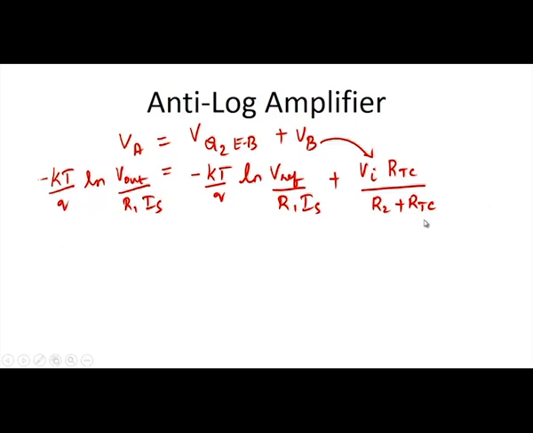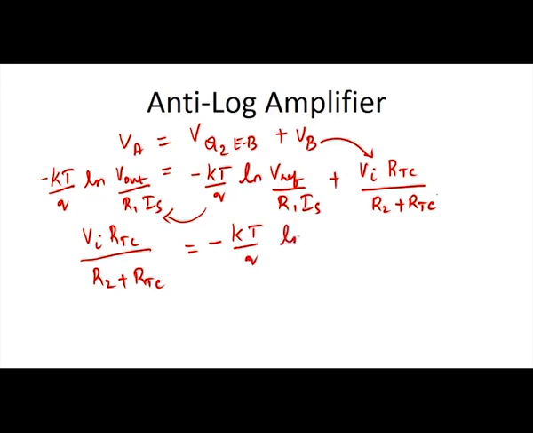Keep this equation as such, VI RTC by R2 plus RTC is equal to, bring this term to the left hand side, you have a positive term here for KT by Q natural logarithm of V reference by R1 IS.